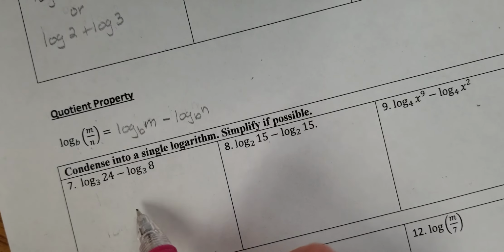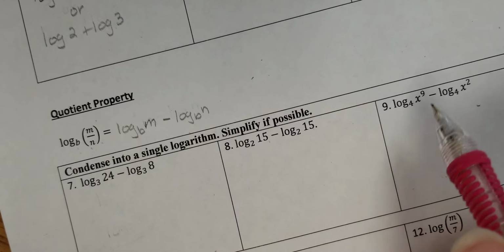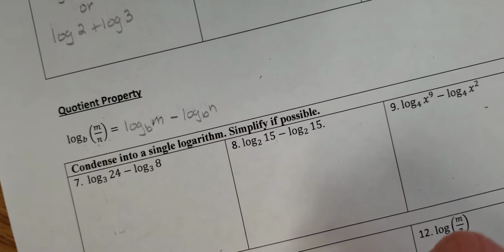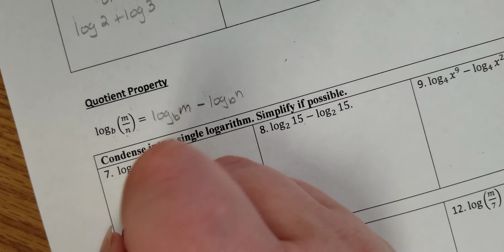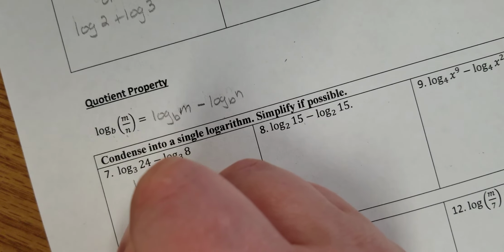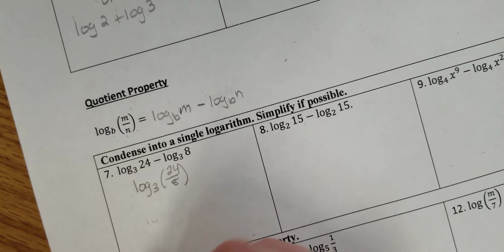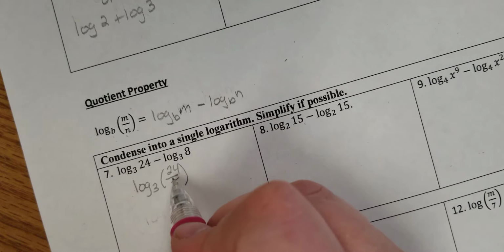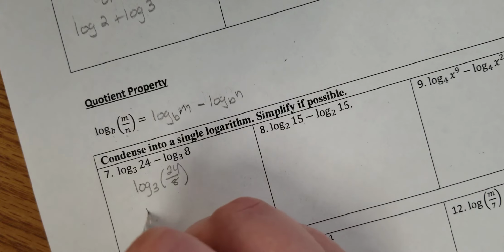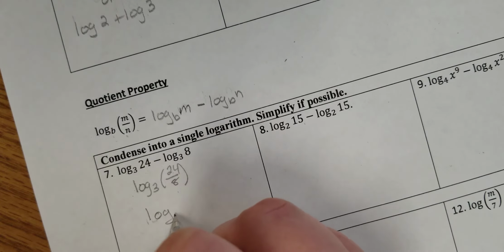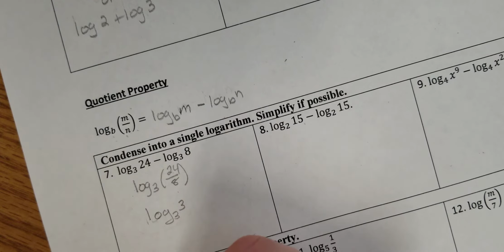Okay, so now we're going to condense the first three. So 7 through 9, we're just going to condense them down to one logarithm. So we have log base 3 of 24 over 8. And then just simplify 24 over 8, which is 3. So our final answer is log base 3 of 3.